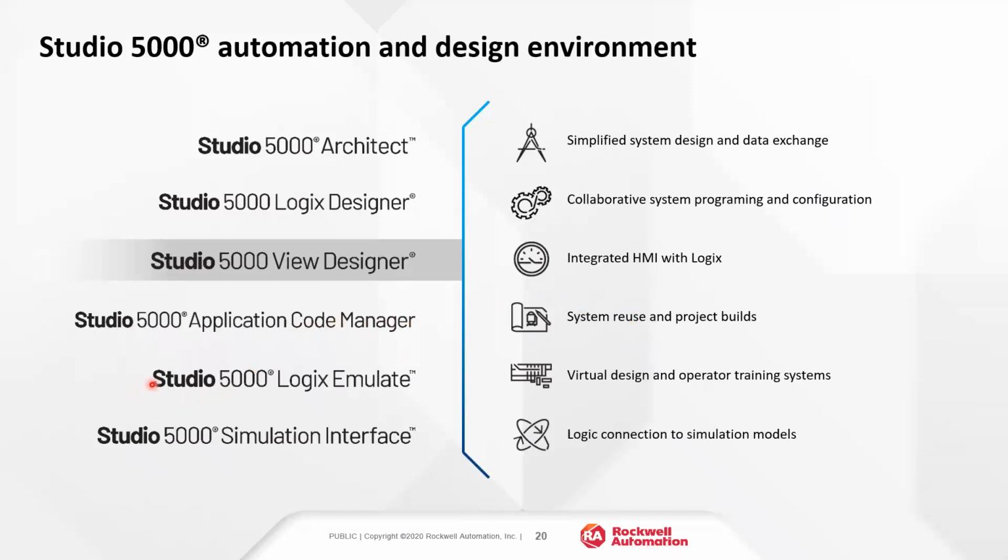So if you buy Studio 5000 Professional, you'll have the Studio 5000 Logix Emulate. This is the L7 emulator. And the Studio 5000 Simulation Interface as well. So these are pieces of 5000. In many cases you have them there and perhaps haven't used them or even realized they were sitting there all along.